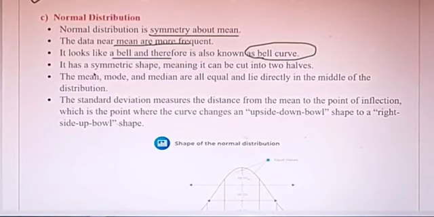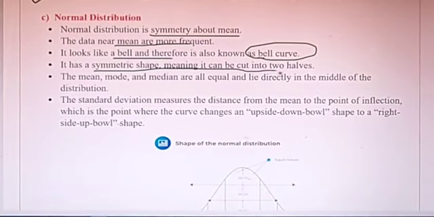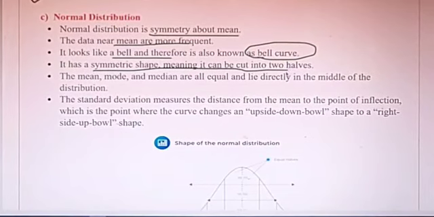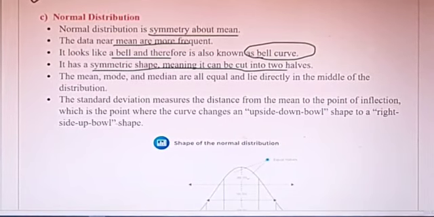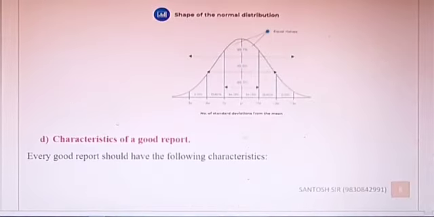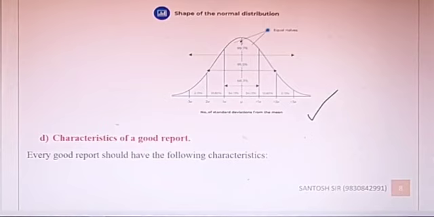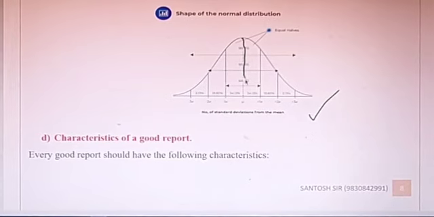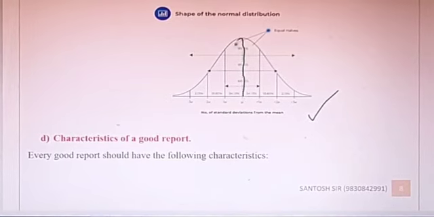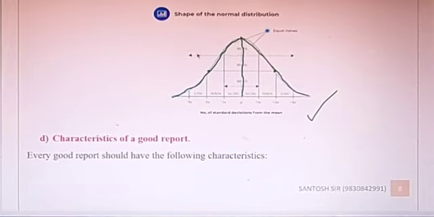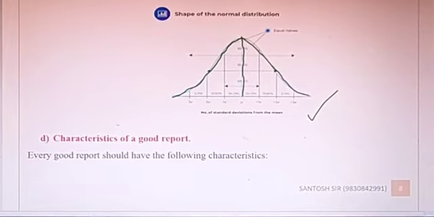It has a symmetrical shape, that means it can be divided into 2 equal halves. This is more understandable from this figure. This middle line is the mean, and as you can see, here is the left side and the right side. Make sure that when you draw this diagram, you draw it properly so that both sides look equal.